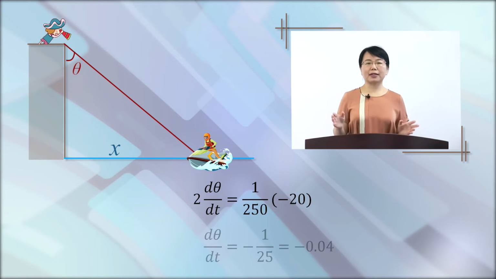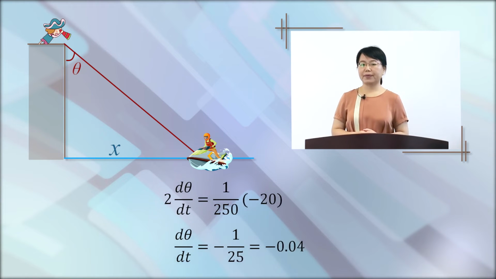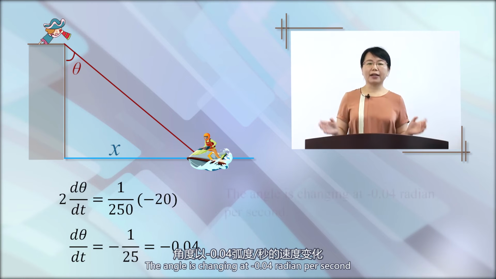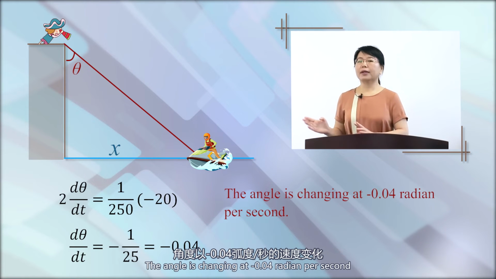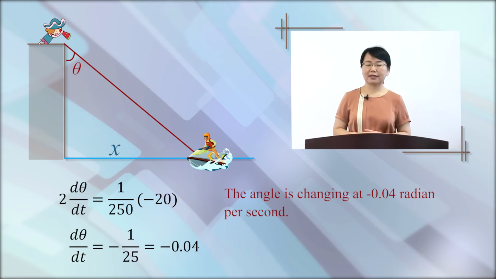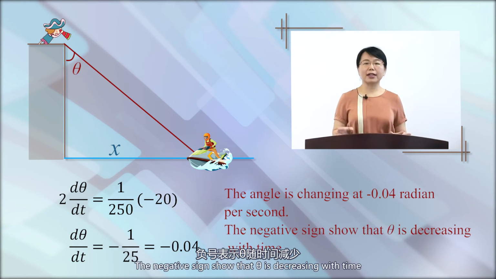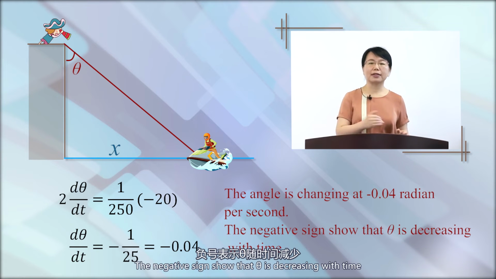So the derivative of theta with respect to t is minus 0.04. The angle is changing at minus 0.04 radian per second. The negative sign shows that theta is decreasing with time.